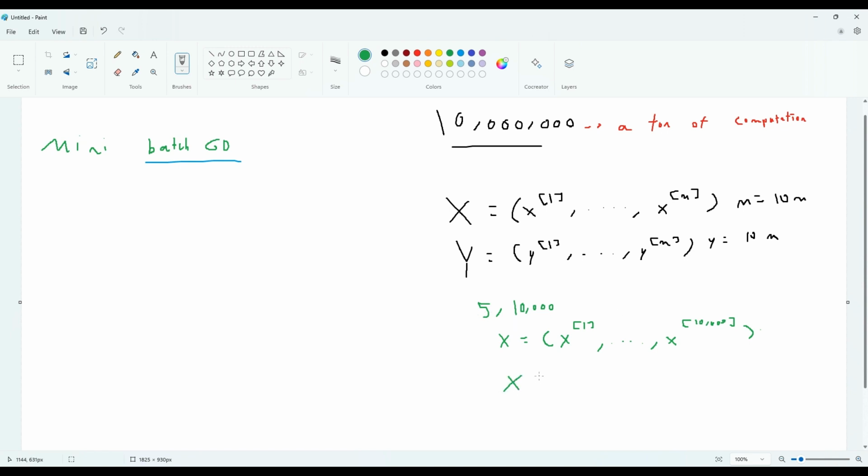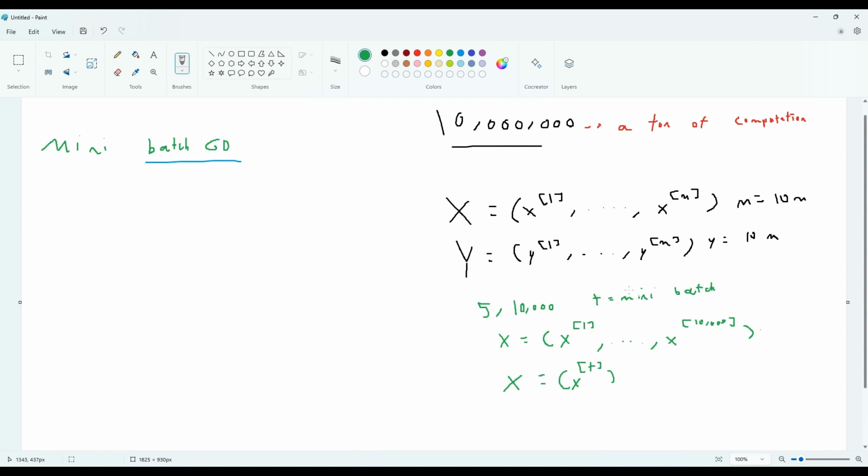So capital X is going to be X superscript t, just using t for instance. It's going to be an x by t matrix. And what I mean by that is t is going to represent the mini batch that we're using.